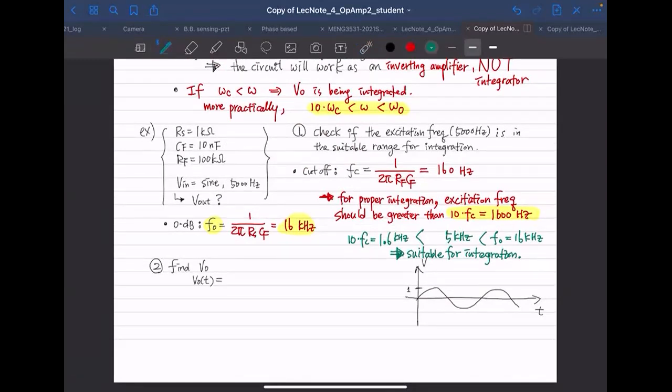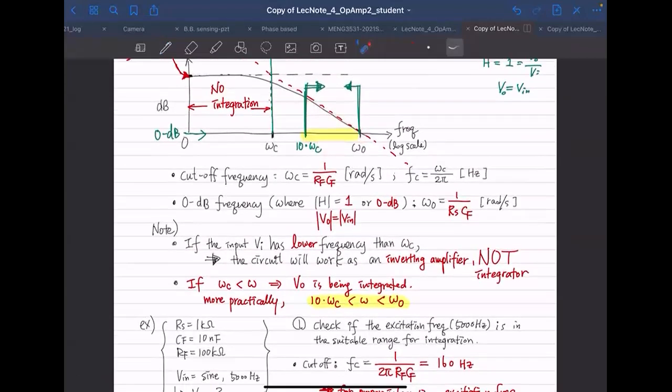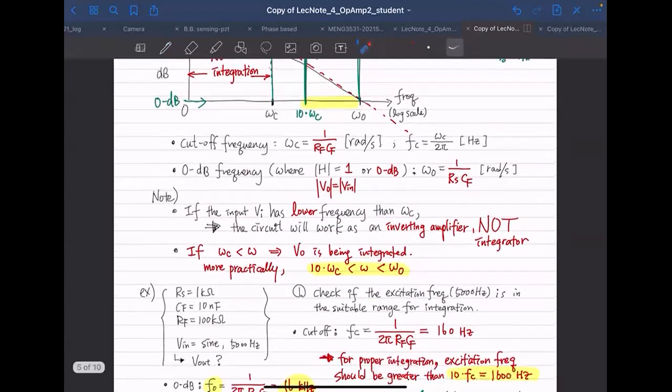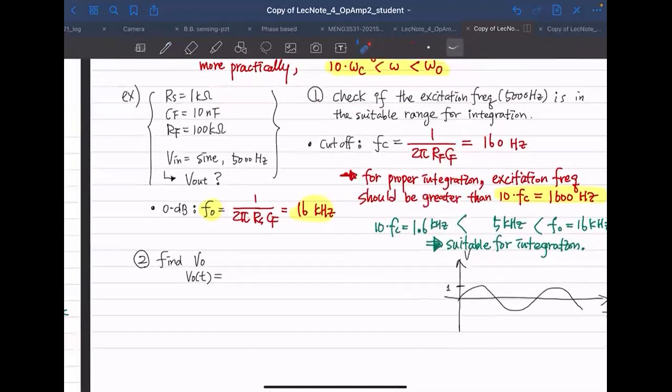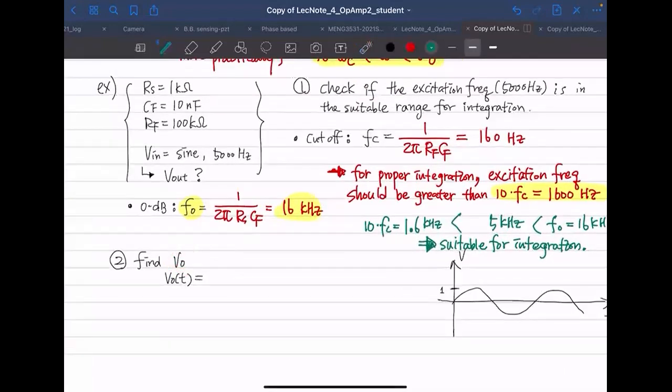So since our excitation level falls between these two ranges, practically speaking, our ideal and this practical response are identical. So the output voltage of our practical circuit is the same as the ideal response.